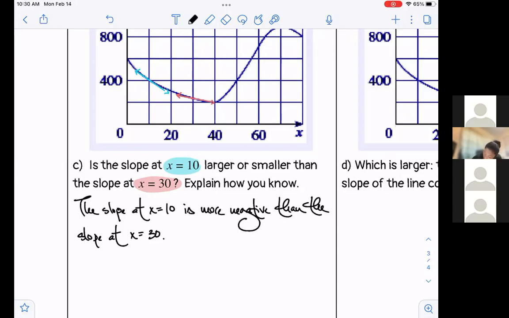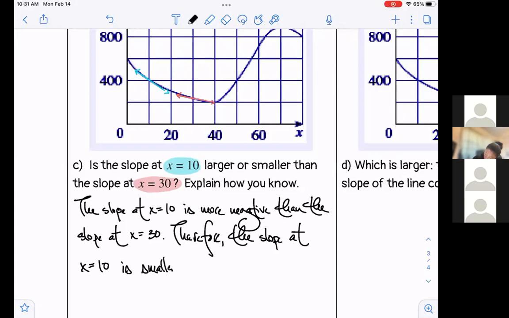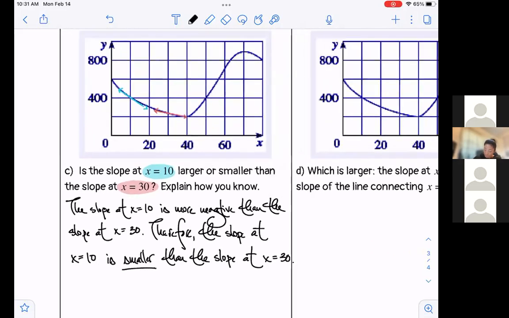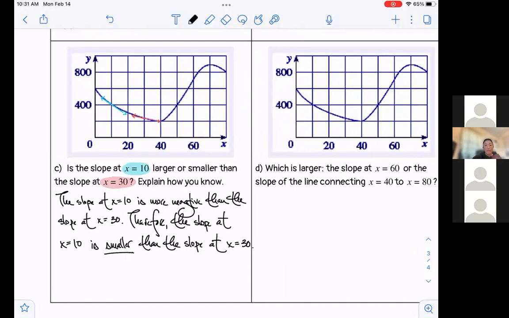So therefore, the slope at x equals 10 is smaller than the slope at x equals 30. Okay. So if we're thinking about positive and negative numbers in the traditional sense, that slope is a smaller number than this slope. Okay.